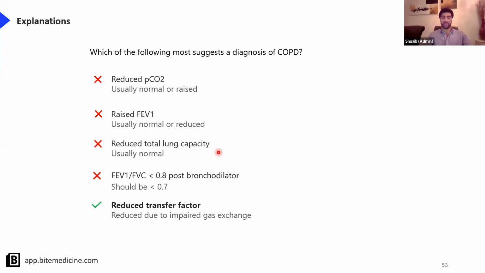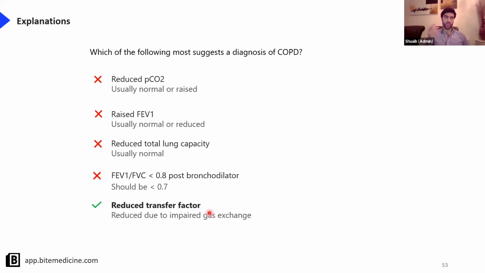So in fibrosis, you have a reduced total lung capacity. In COPD, it's typically normal. FEV1 over FVC is less than 0.7 post-bronchodilator, not less than 0.8. So the correct answer by process of elimination is reduced transfer factor.